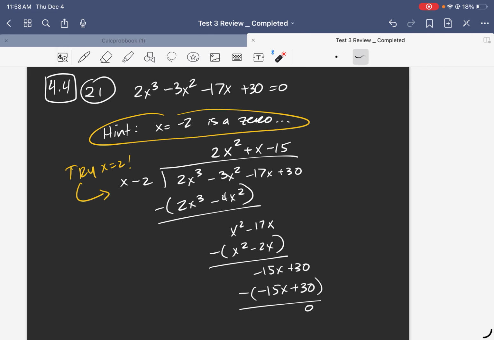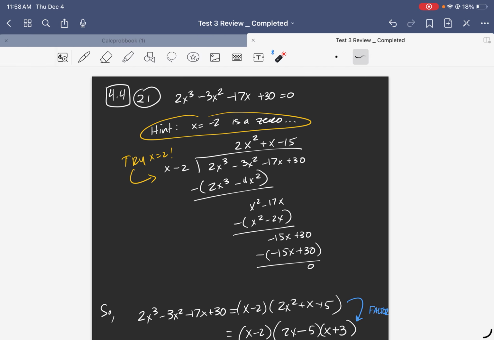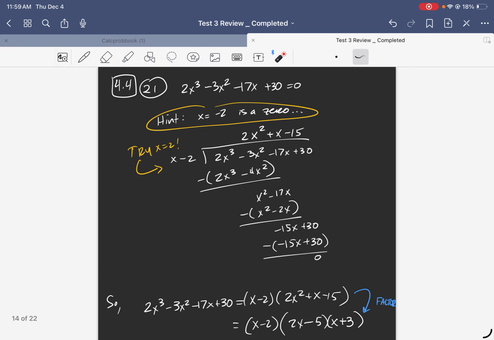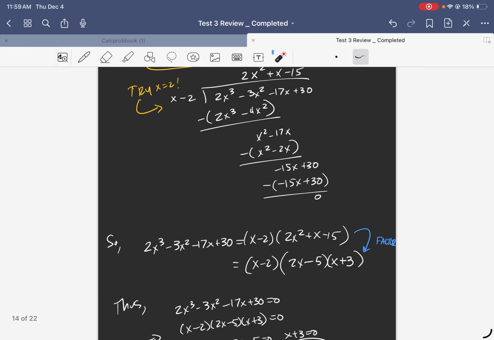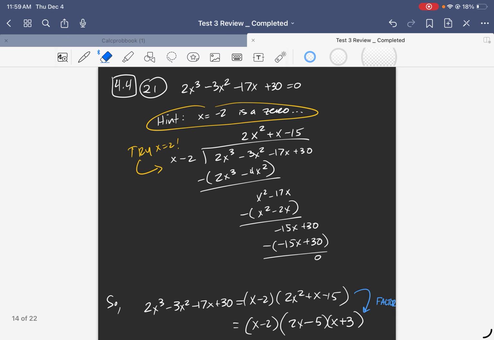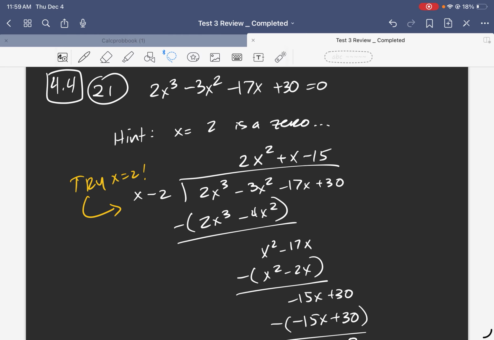Again, similarly, when that's on the test, if I give you a 0, if negative 2 is a 0, then if you divide by, oh no, did I do negative 2 or plus 2? I should have said hint x equals 2 is a 0. So that should have been x equals 2. So hint x equals 2 is a 0. So if x equals 2 is a 0, then we're dividing by x minus 2, yes?